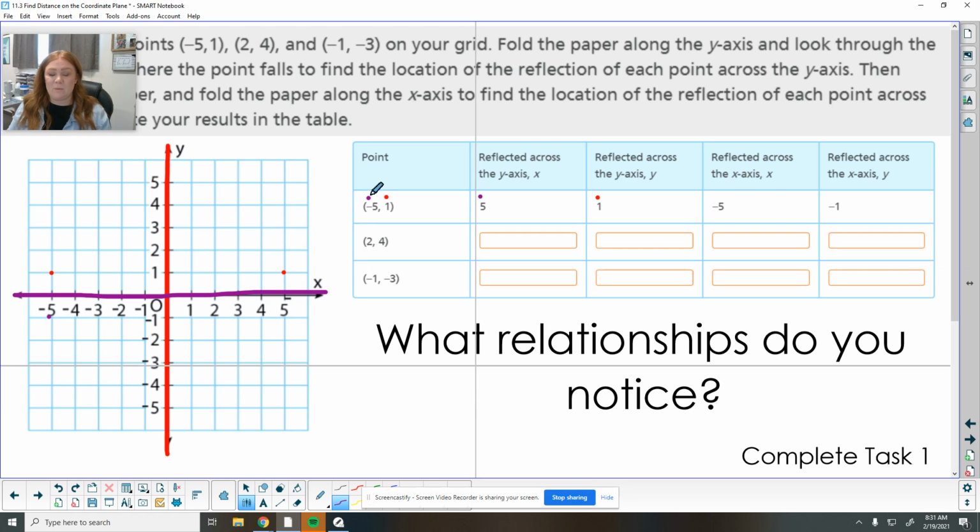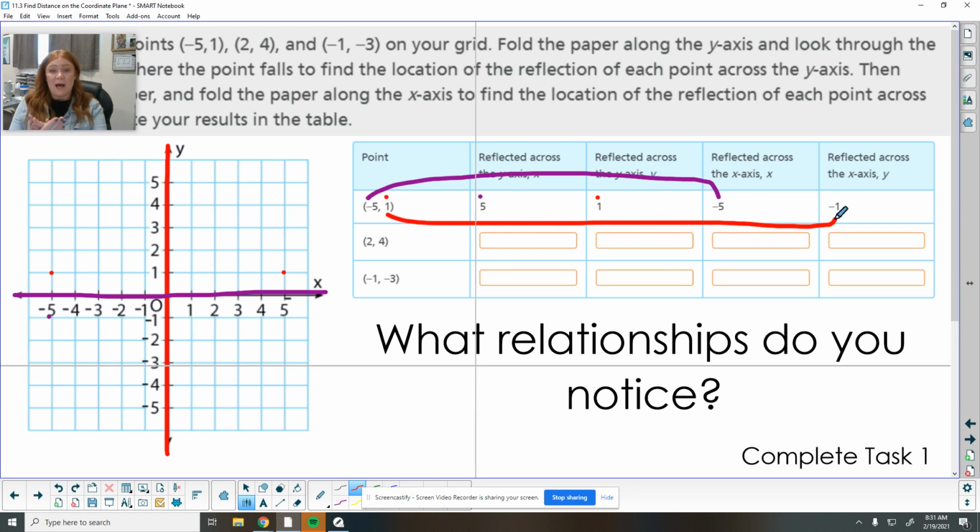So this time when we go across the x-axis, notice the x's stay the same, but then our y's are going to be opposite. So if you flip over y, y stays the same, x's are opposite. If you flip over x, x stays the same. So the one you flip over stays the same. The other one goes the opposite.